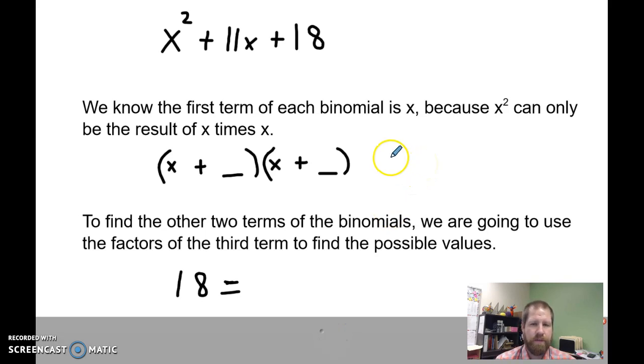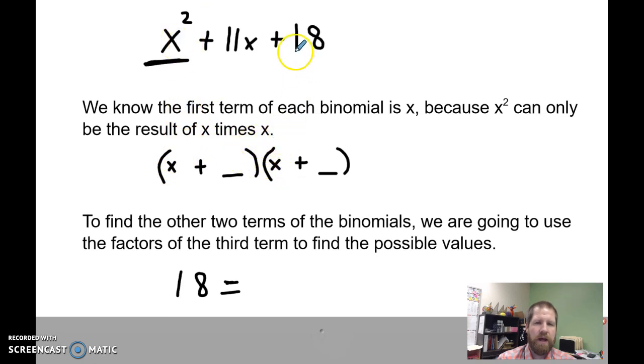Okay, so when I look at this trinomial, x squared plus 11x plus 18, seeing that this is just x squared, I know my first two terms have to be x and x. That's the only way I can get x squared as a result.